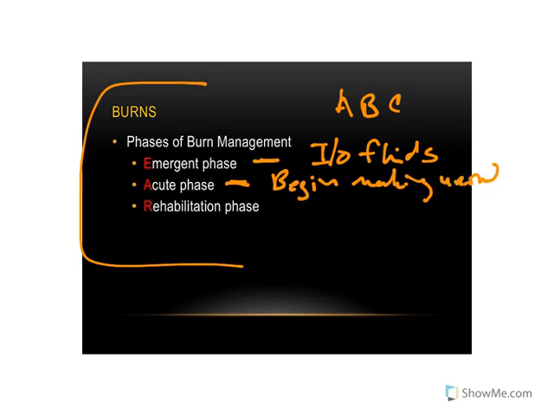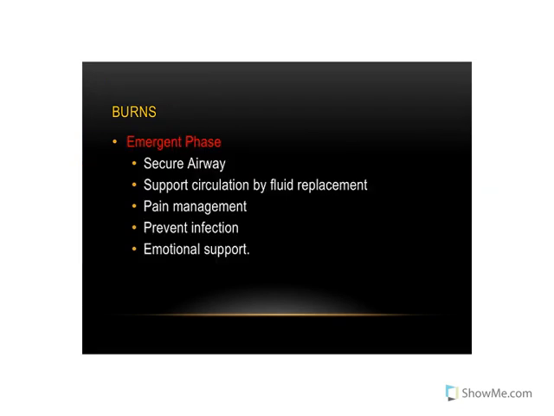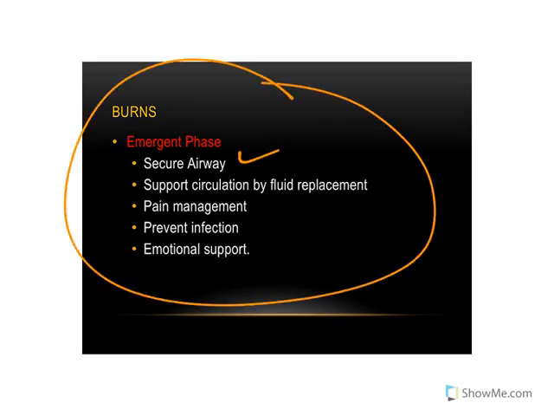And the rehabilitative phase is when they've moved beyond that and now we're ready to discharge. During the emergent phase, some things to think about: obviously secure your airway, breathing, circulation, pain control, and prevention of infection, which would be Maslow's, and then some emotional support, Maslow's and nursing process.